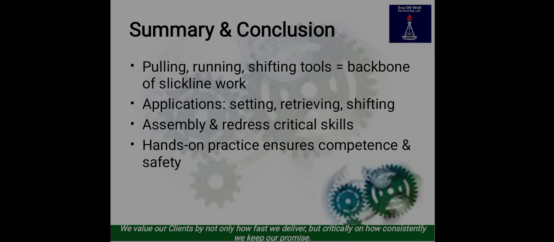Also, the tool had not been properly redressed before the job. Poor maintenance culture. So my emphasis here is that tool identification and maintenance must never be assumed by any operator. They must be verified. If possible, have a second eye to verify it, not just you alone.